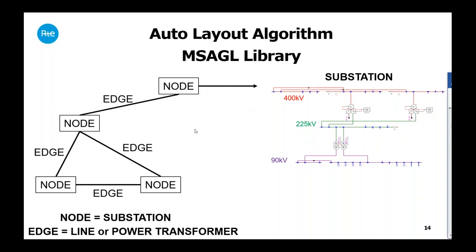In the end, we have coordinates of all substation centers. After that, we build components inside the substation, with high voltage levels at the top and low voltage levels at the bottom. And we leave enough space between each voltage level to insert power transformers, as in the figure on the right.